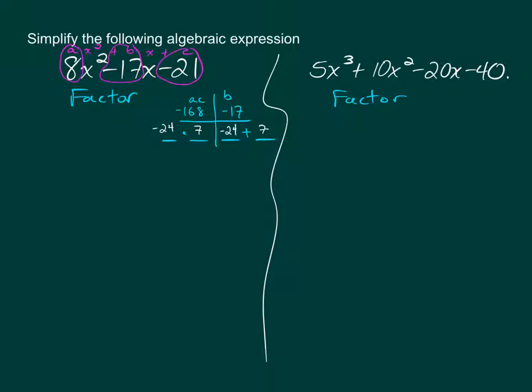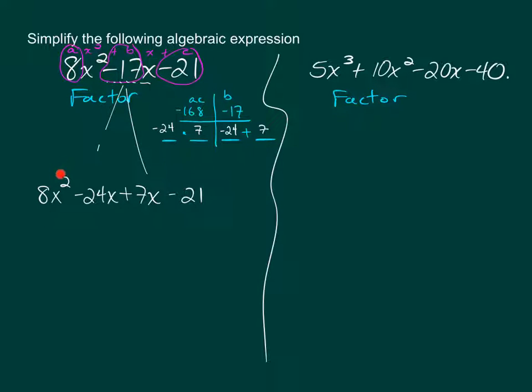All right, so what do you do with this? You will take the middle term, negative 17x, and you will split it apart into two different terms, being negative 24x plus 7x. The first and last term come down for the ride.